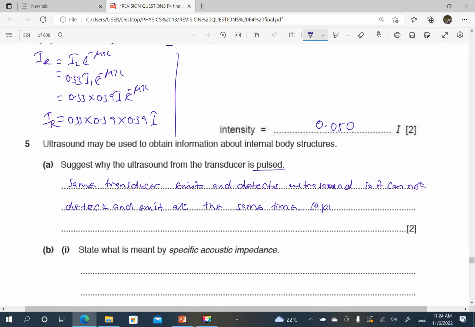So pulses allow the reflected signal to be detected between emitted pulses so as to determine the depth and nature of boundaries.